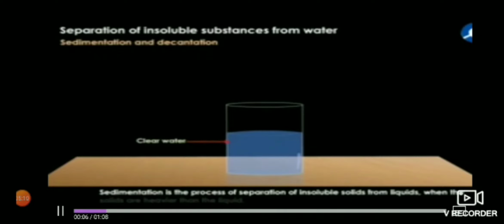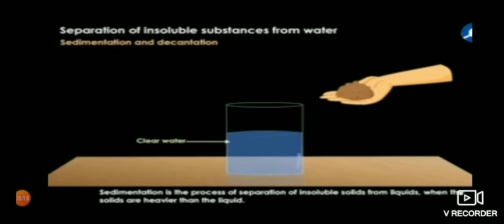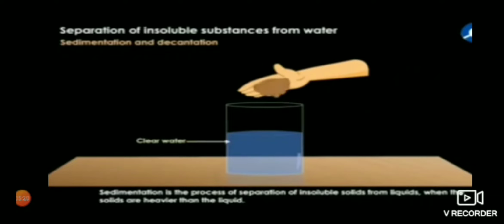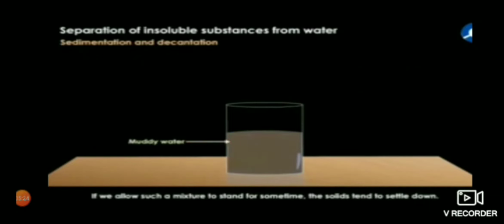Separation of insoluble substances from water, sedimentation and decantation. We are making a mixture of mud with the clear water. Sedimentation is the process of separation of insoluble solids from liquids when the solids are heavier than the liquid. Just watch what is happening.